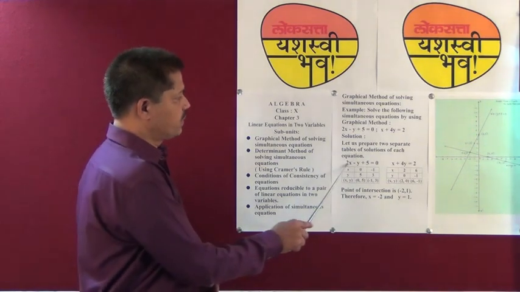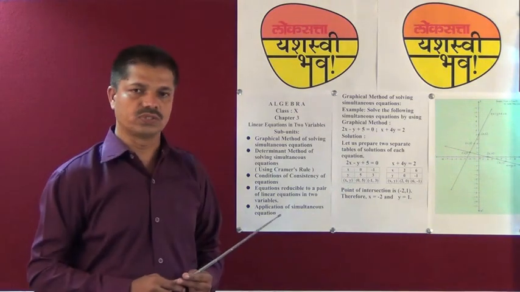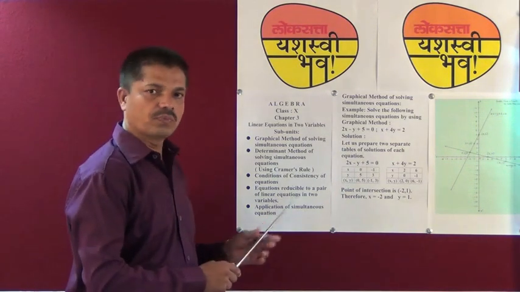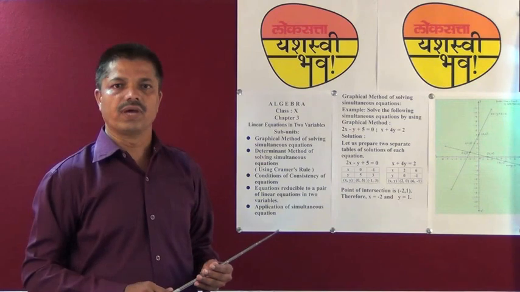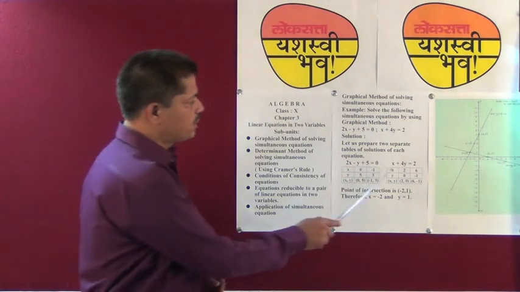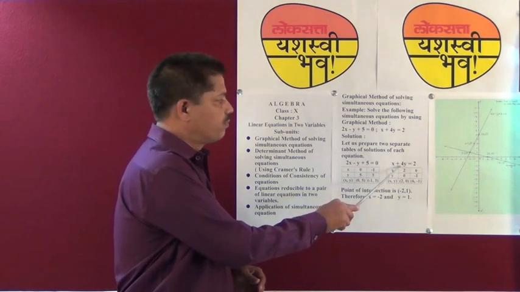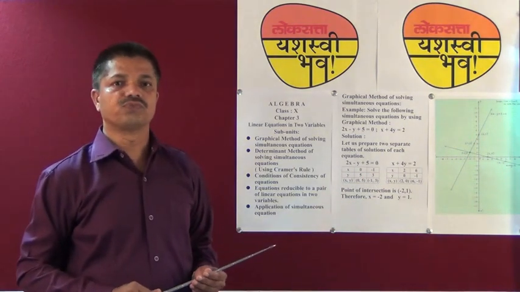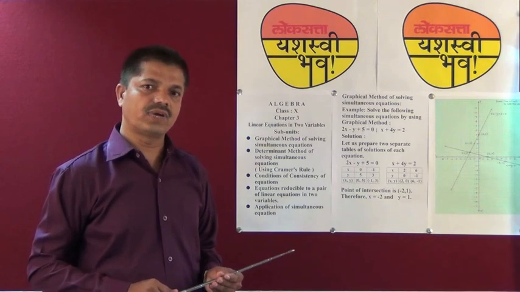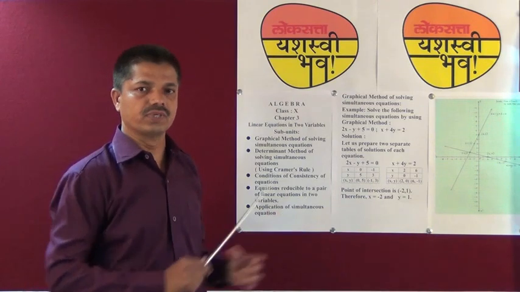For the first equation 2x minus y plus 5 is equal to 0, you will find no problem in selecting such values. But when the coefficient of y is other than 1, here the coefficient of y is 4, you have to be careful while selecting the values of x.